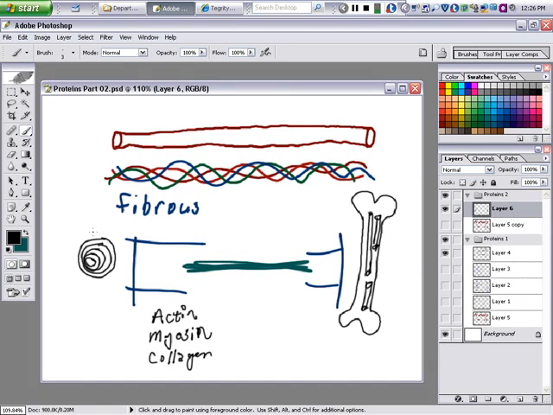Now one thing that's surprising, like if I drew the side of one of these straws here, there are collagen fibers that actually wrap around these straws here. They wrap all the way around, and they impart strength to your bone, and they prevent your bones from breaking. So collagen is just a very strong protein that gives strength to tissues.